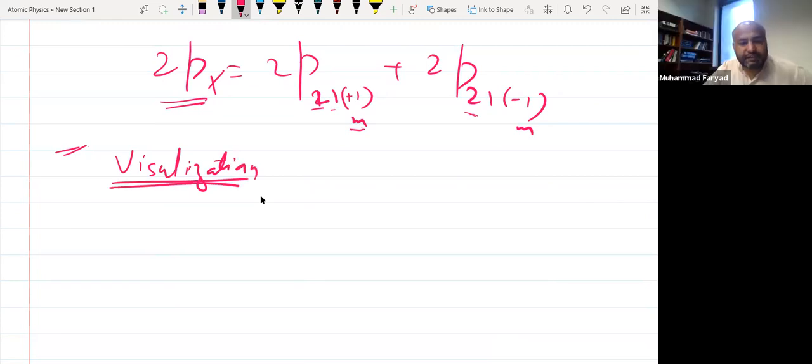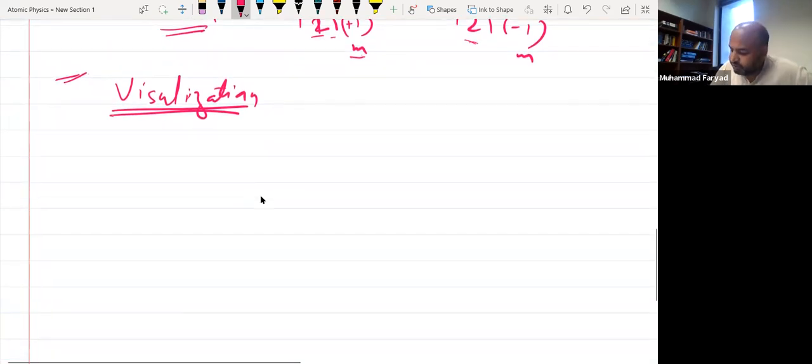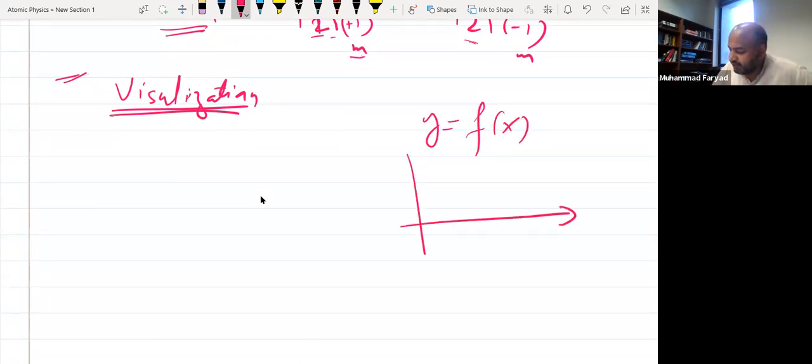There are several ways of visualizing multidimensional functions. You see, if we have a one dimensional function, let's say y is equal to f of x, and if this is real, it's very easy to visualize it using a graph like this, because all you do, you change x, and whatever f of x comes out, you just plot it.